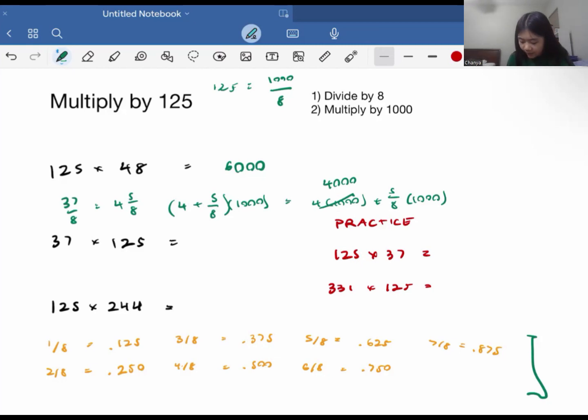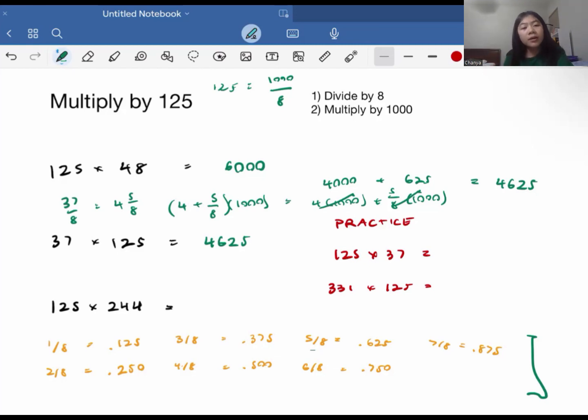Looking from this table, 5/8 is equal to 0.625. So 5/8 times 1000 is 0.625 times 1000, which is 625. So you have 4000 plus 625, and you get 4625. That should be your answer here, 4625.